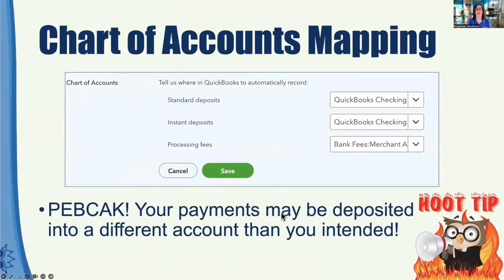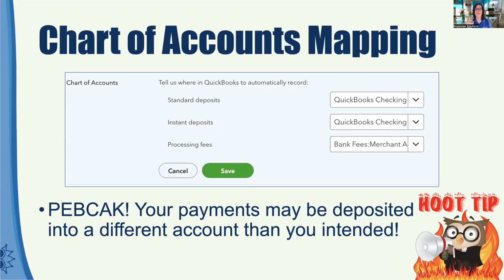Now, we have to talk about the chart of accounts mapping, this next section. And this is really confusing, and I don't understand why they just can't draw this information from what we've already seen. But you have to map to your chart of accounts where your standard deposits are going, where your instant deposits are going in case they're somewhere else, and what expense account you want your processing fees to be assigned to.